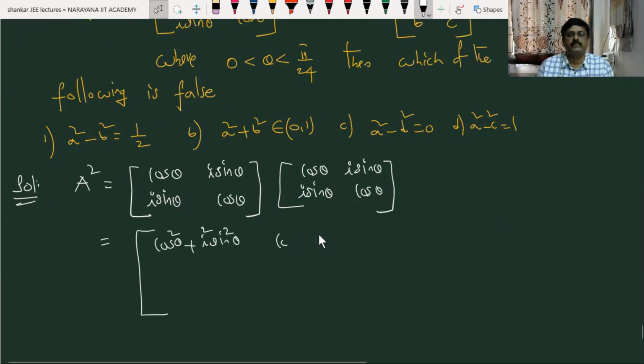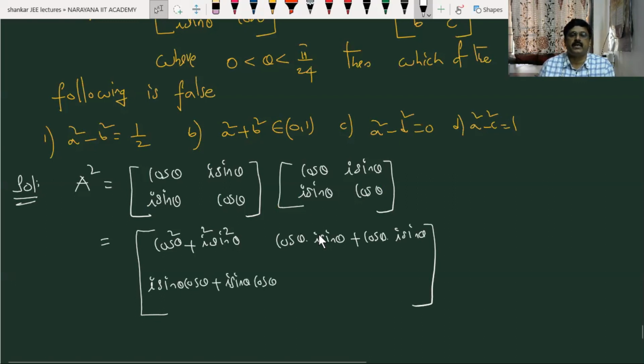It will be cos theta into i sin theta plus cos theta into i sin theta. Next, second row, students: i sin theta cos theta plus i sin theta cos theta. Next one, i square sin square theta plus cos square theta. This is coming like this, students.